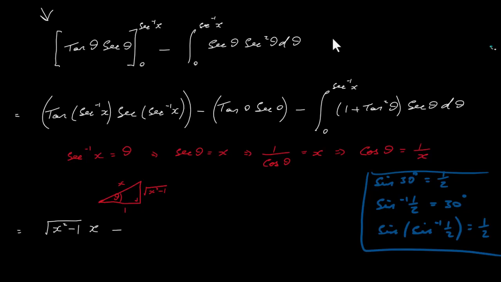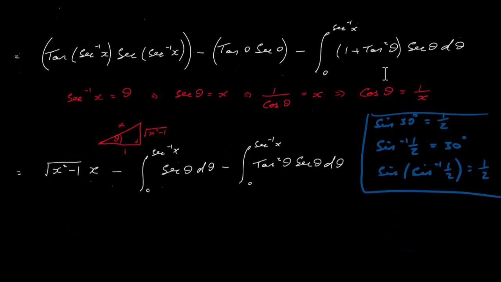If we multiply out the sec theta by 1 and the sec theta by tan squared theta, we'll get the integral from 0 to sec inverse x of sec theta d theta, I'll just split it up, minus the integral from 0 to sec inverse x of tan squared theta sec theta d theta.